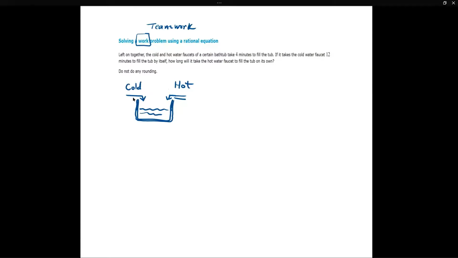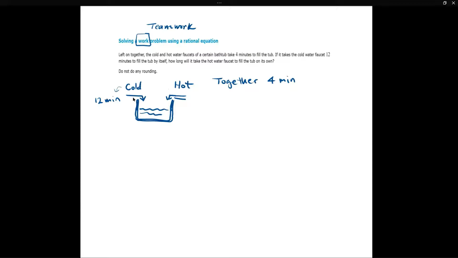So together is 4 minutes. Then I will talk about the strategy. If it takes the cold faucet by itself 12 minutes to fill the tub, so if you just turn on the cold faucet, it will take 12 minutes to fill this tub. How long will it take the hot water faucet to fill the tub on its own?